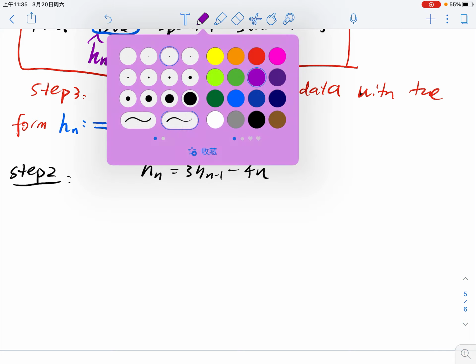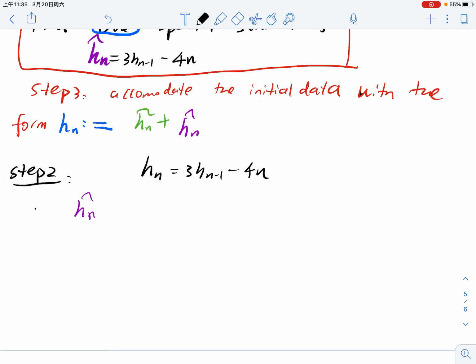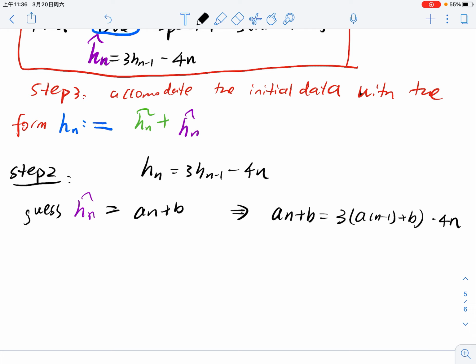We guess Hn should be An plus B. And then if you plug in, An plus B equals 3(A(n minus 1) plus B) minus 4n, that gives you 2A n minus 4n plus 2B, which equals 3A minus 2B.